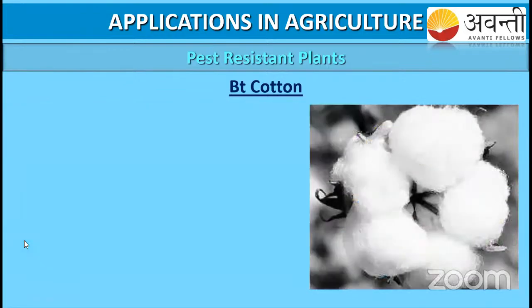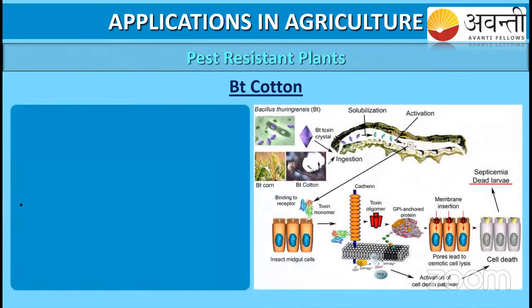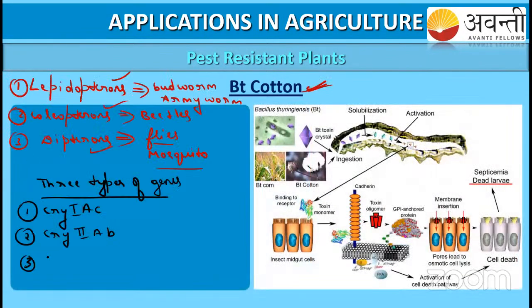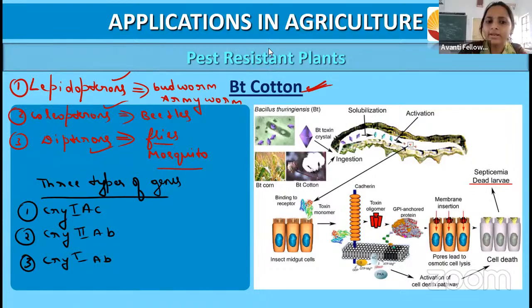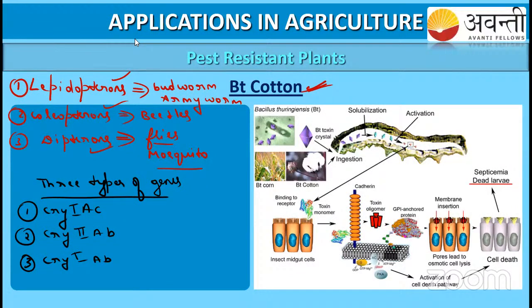Okay, sorry, one minute. So students, here you have to remember these three genes. My network is low, so that's why I'm turning off the video. So Cry1AC, Cry2AB and Cry1AB.